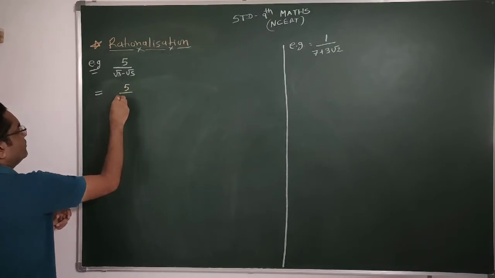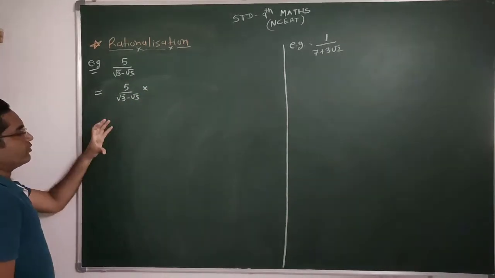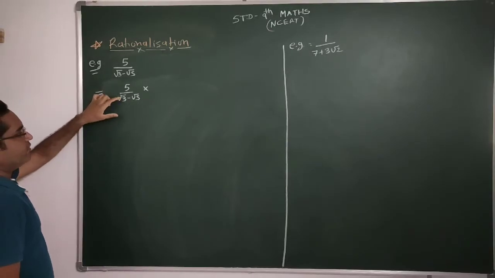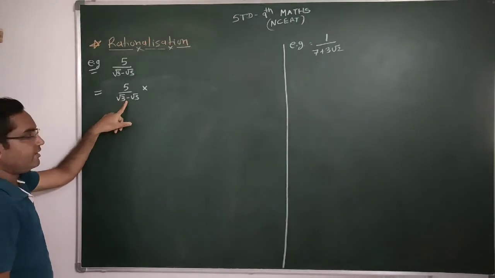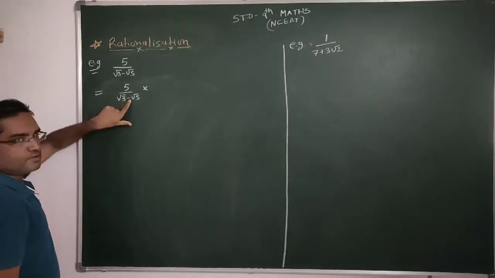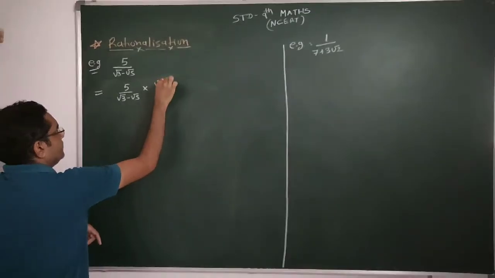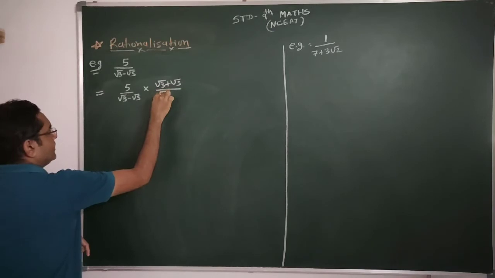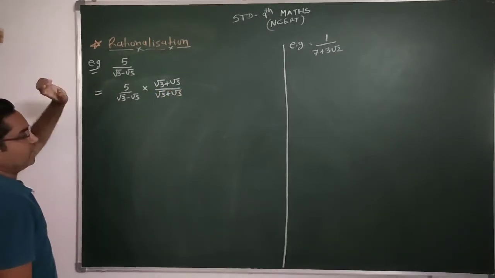So what is rationalization? Multiplying numerator and denominator with the rationalization factor. For this number, our rationalization factor is the opposite of this minus sign, which is the plus sign. So you have to consider root 3 plus root 5 as the rationalization factor, and multiply numerator and denominator by it.